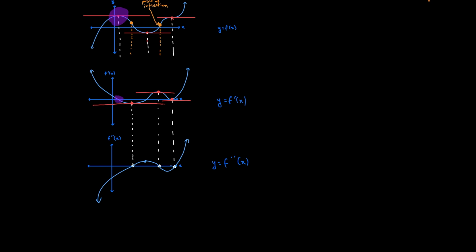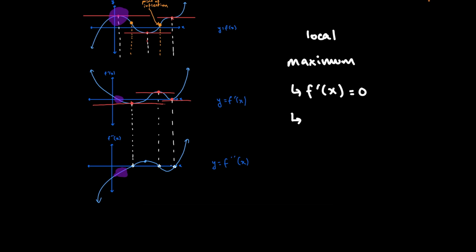So when we're talking about a local maximum, we can recognize firstly, the first derivative of the function must be equal to 0. That is the first criteria. The second criteria, if we look at the double derivative, is that the double derivative is less than 0 at that point.